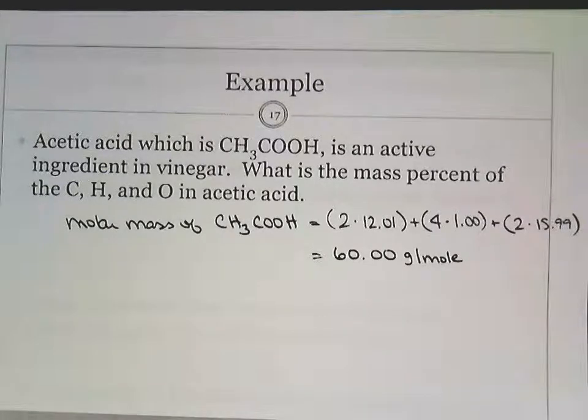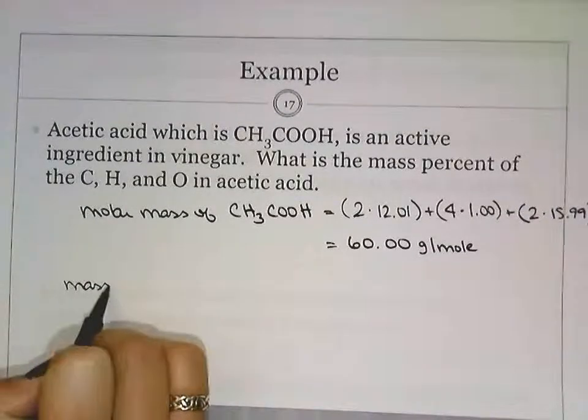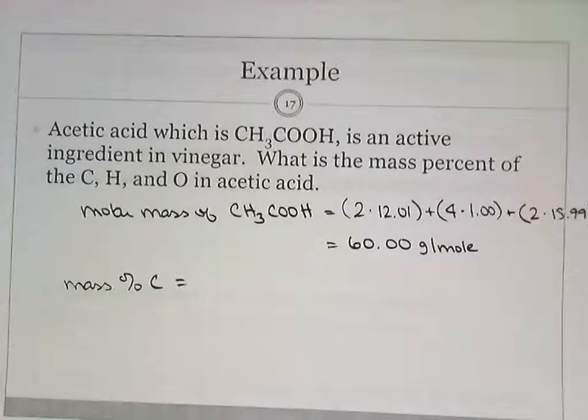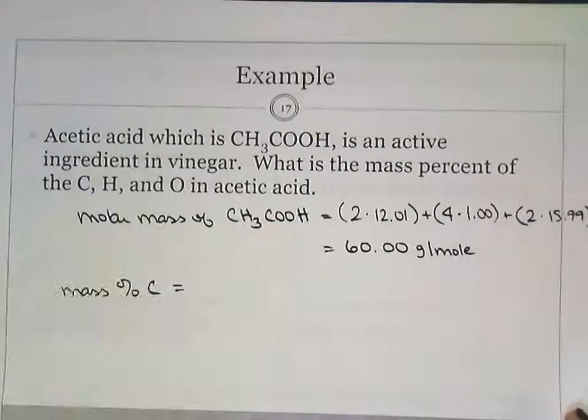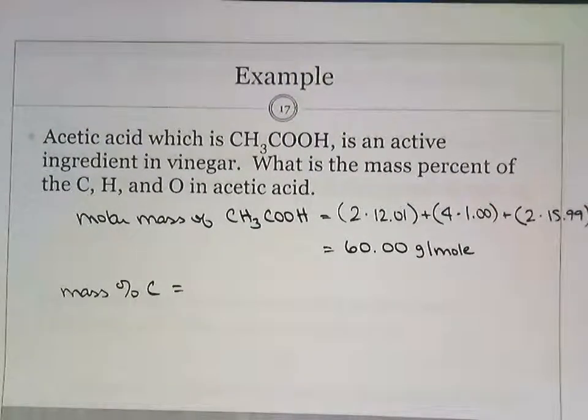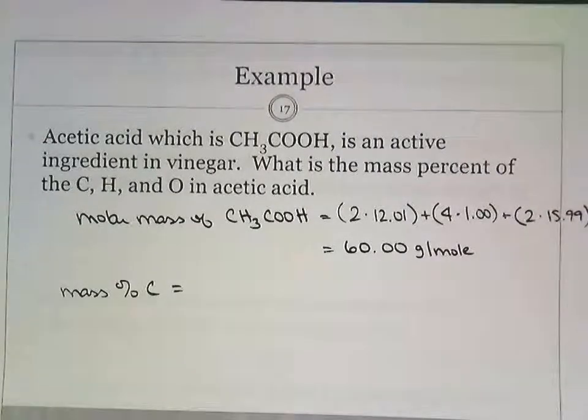All right. So now we're ready to figure out the mass percent. We'll do mass percent of carbon first. So here I have CH3COOH. How many carbons are in there? 2. What is the mass of the carbon? So how much should the carbons weigh altogether? 24-ish, yeah. 2 times 12.0.